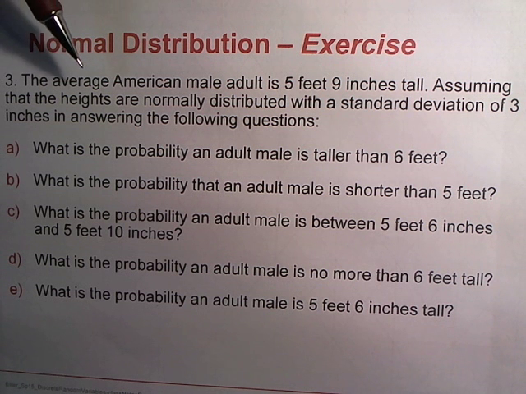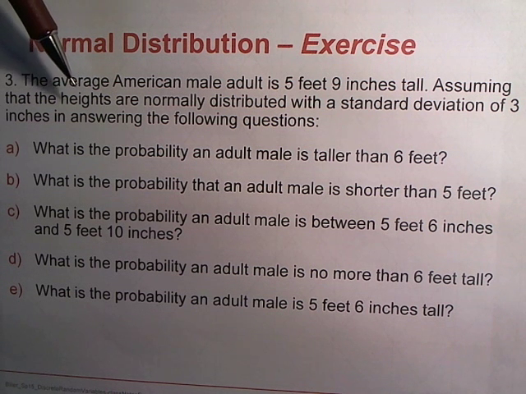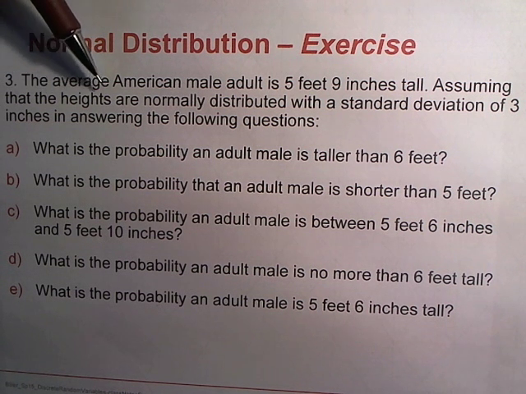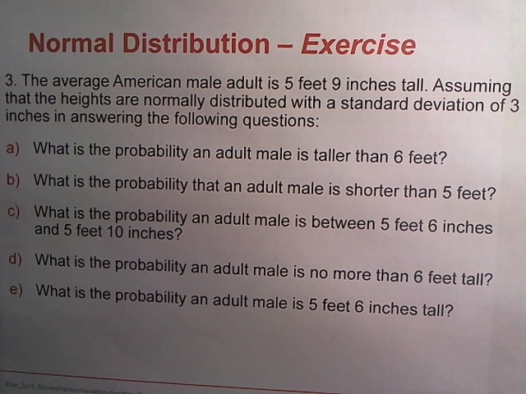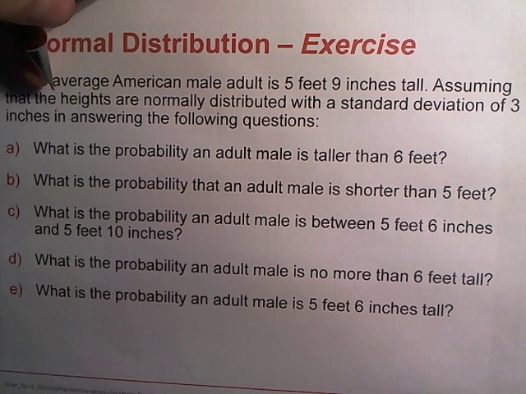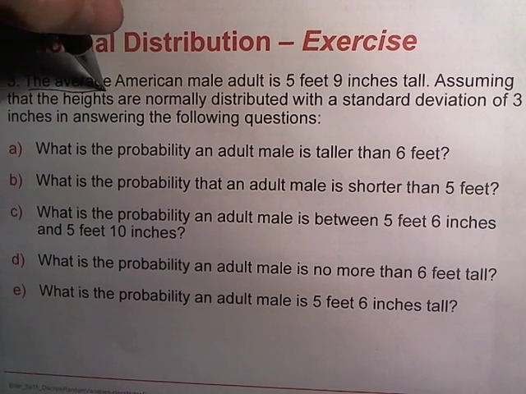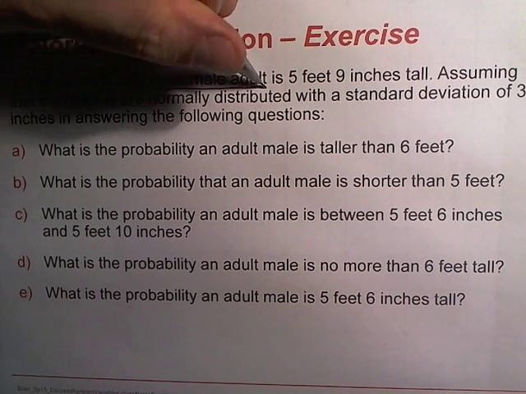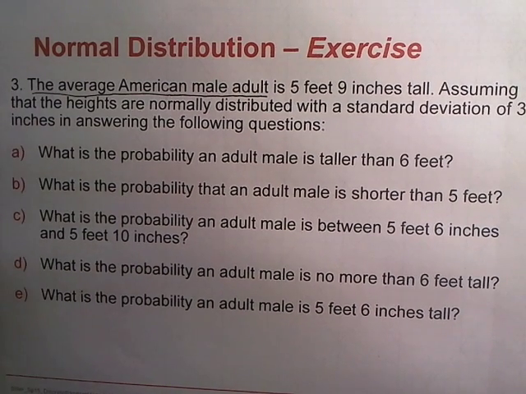Let's first go ahead and read the question thoroughly. Here we're told that the average American male adult is 5 feet 9 inches tall, assuming that the heights are normally distributed with a standard deviation of 3 inches, in answering the following questions. The first thing I'm going to point out is that what's being referenced is the average American male adult.